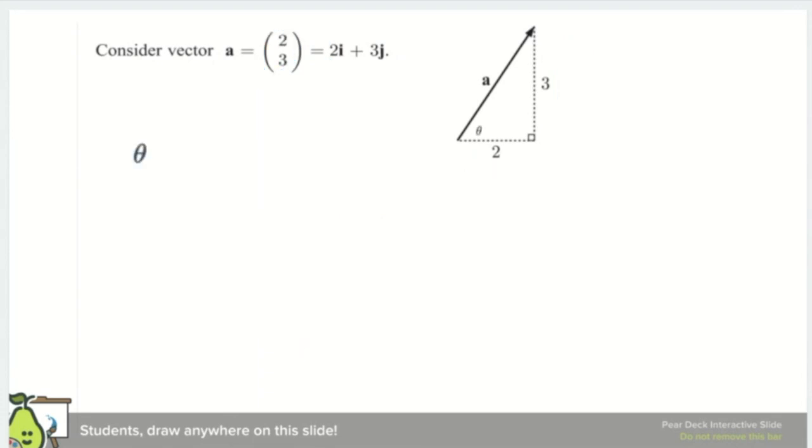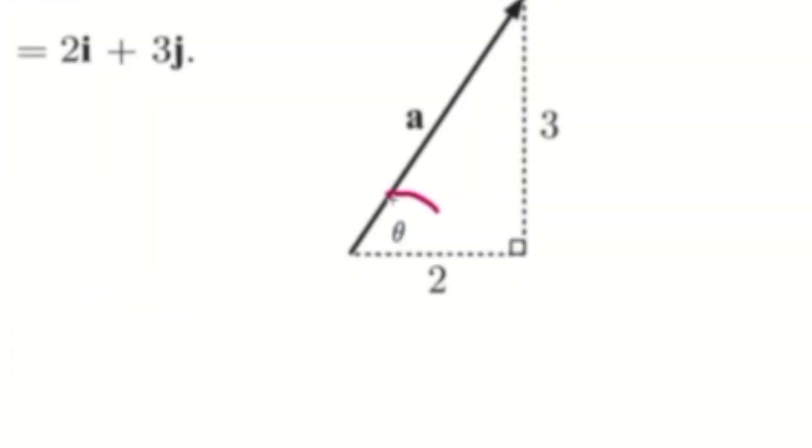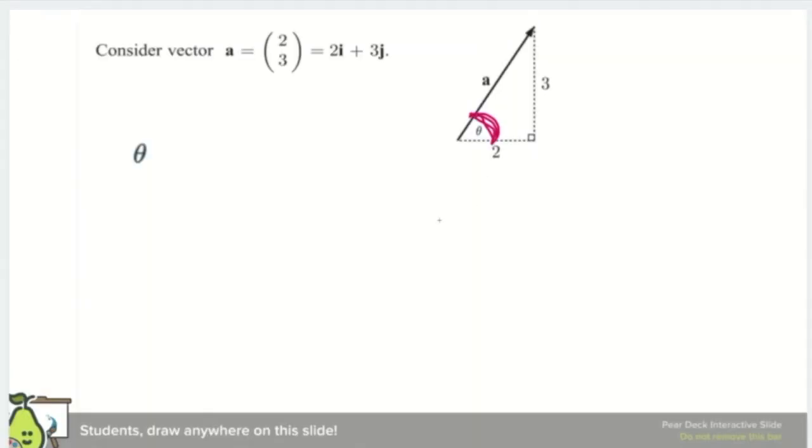That's it. So here's the same vector, except now we have an angle here, theta, against a right triangle. Use SOHCAHTOA. Here we have opposite and adjacent, so we're using tangent. And to find an angle, it's going to be inverse tangent.